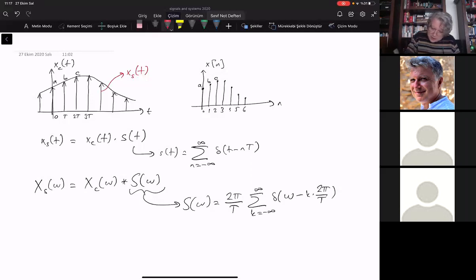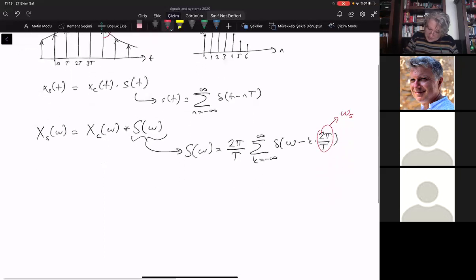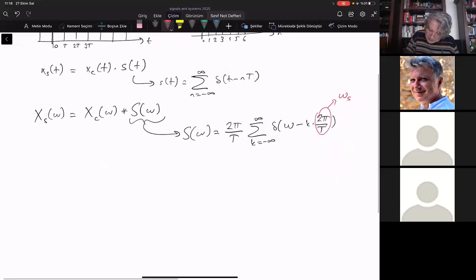We also have a notation for this. We call this omega s, the sampling frequency. K times the sampling frequency is the separation, or the locations, of the impulses. So it essentially looks like this. S of omega consists of, again, impulses.